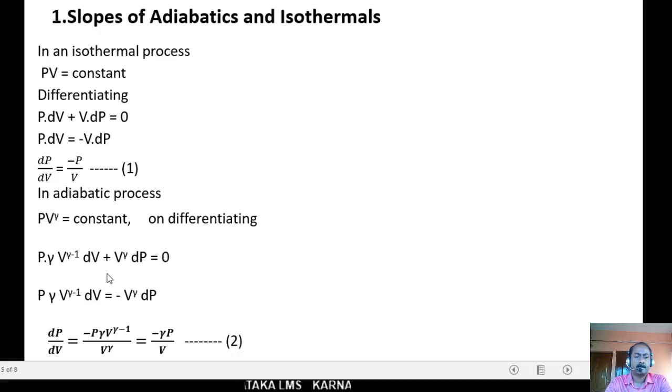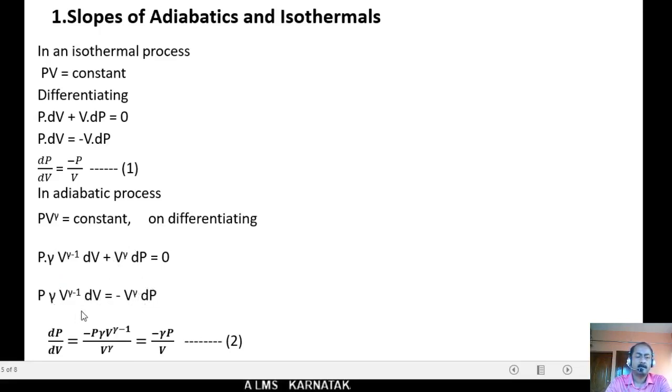On rewriting this, we get P into gamma into V to the power gamma minus 1 into dV is equal to, when this term comes across to the RHS, minus V to the power gamma into dP.